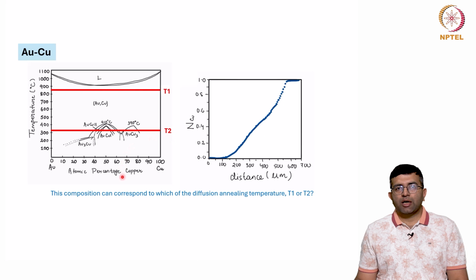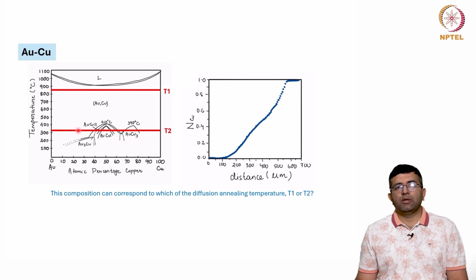So the correct answer is that this corresponds to T1. The reason is that at T2 you have regions where two phases are there. If the diffusion couple had two phase regions, that means another phase, then there would be a jump in the composition profile.